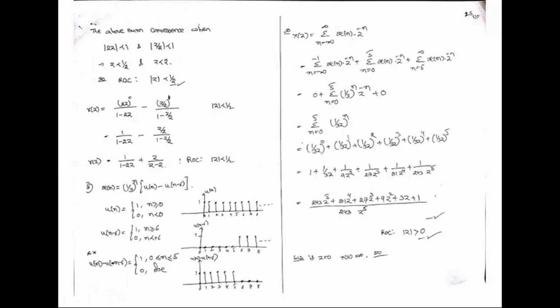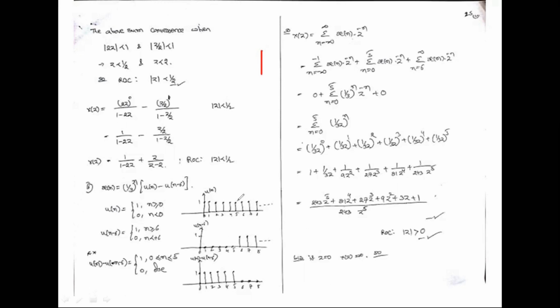And next example here, x of n is equal to 1 by 3 whole power n, u of n minus u of n minus 6. So u of n, already we have here, is the discrete function. u of n minus 6 means 6 samples shifted towards the right side.